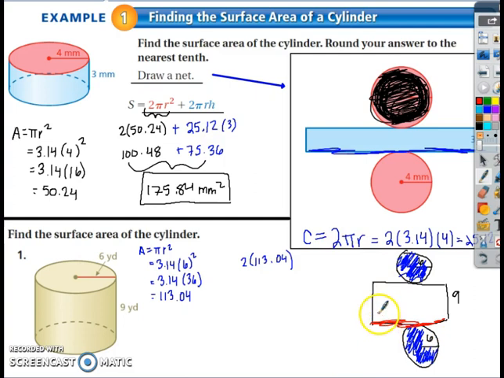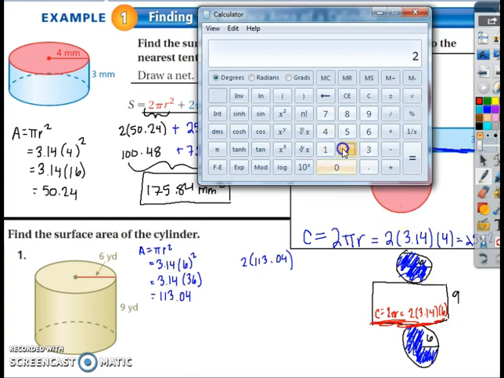Therefore, this distance is the same as my circumference, which is 2 pi r, which is equal to 2 times 3.14 times 6. And I'm just going to use a calculator to punch that in. 2 times 3.14 times 6, and I find that that length has a distance of 37.68.